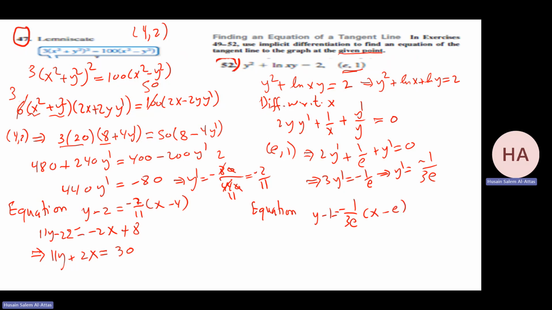In other words, y minus 1 will be minus 1 over 3e x plus 1 over 3. So it means y equals minus 1 over 3e x plus 4 over 3. Take 1 plus 1 over 3, which is 4 over 3.